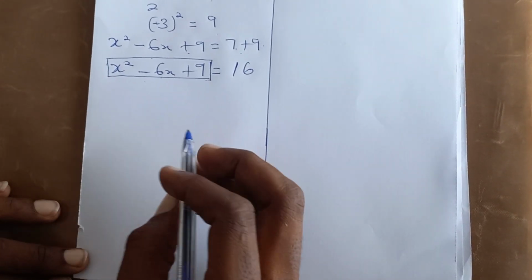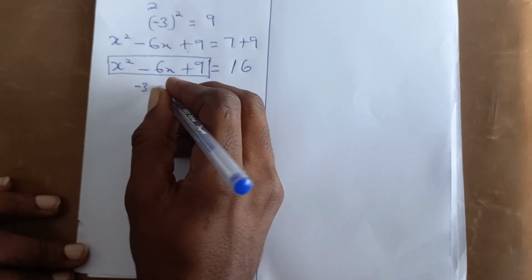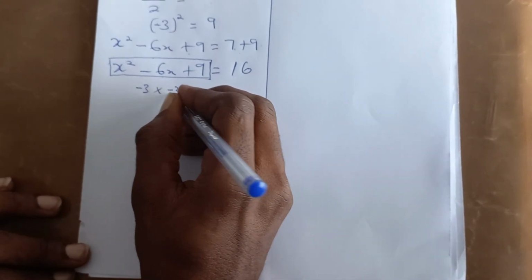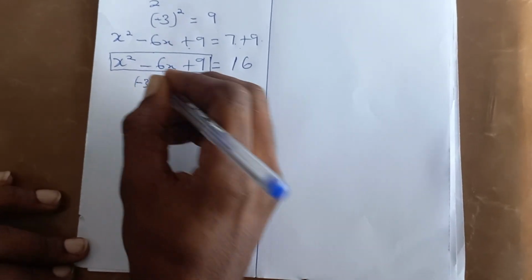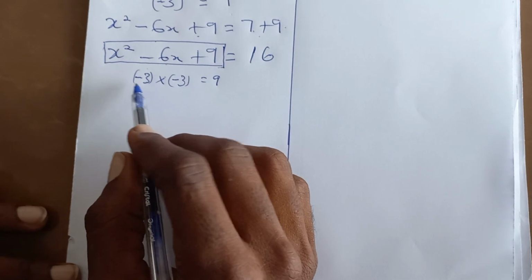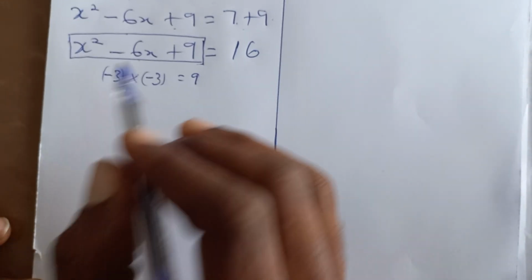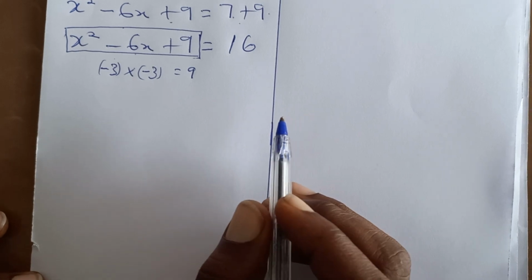So in this case, you can see that negative 3 multiplied by negative 3, we are getting positive 9. Because when you multiply a negative number by a negative number, it results in a positive number.